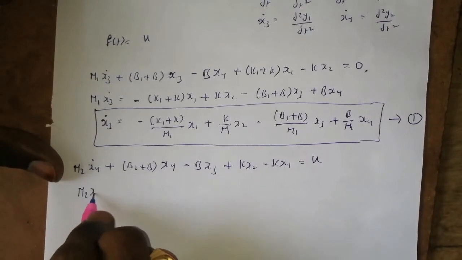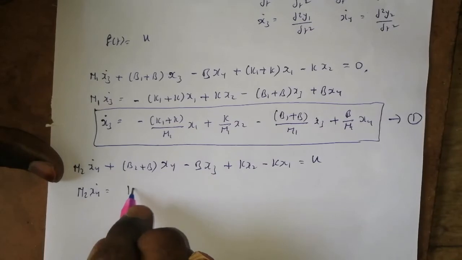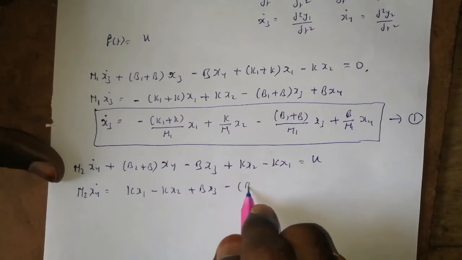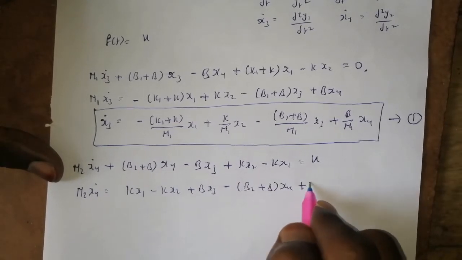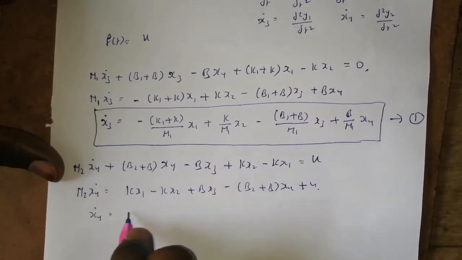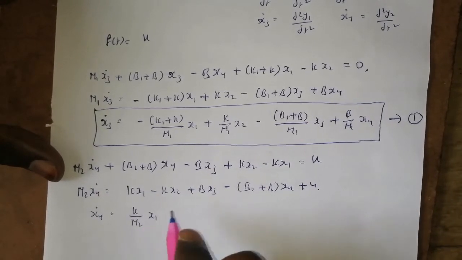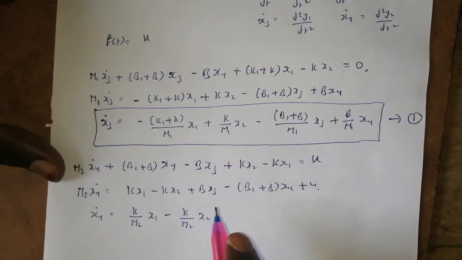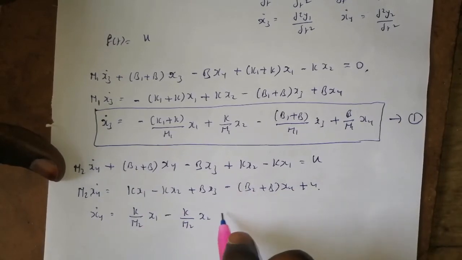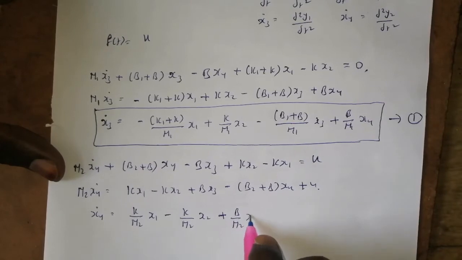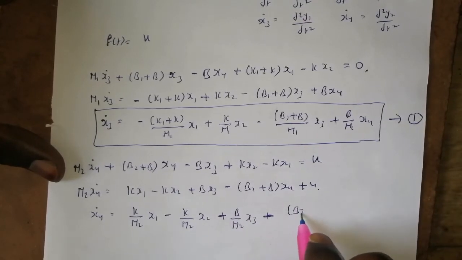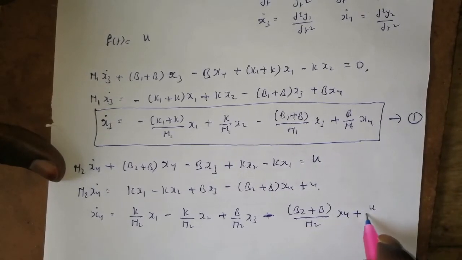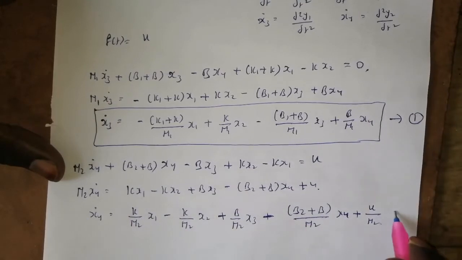So m2 x4 dot is equal to kx1 minus kx2 plus bx3 minus (b2 plus b)x4 plus u, and x4 dot equals k by m2 x1 minus k by m2 x2 plus b by m2 x3 minus (b2 plus b) by m2 x4 plus u by m2. So this is equation number 2.